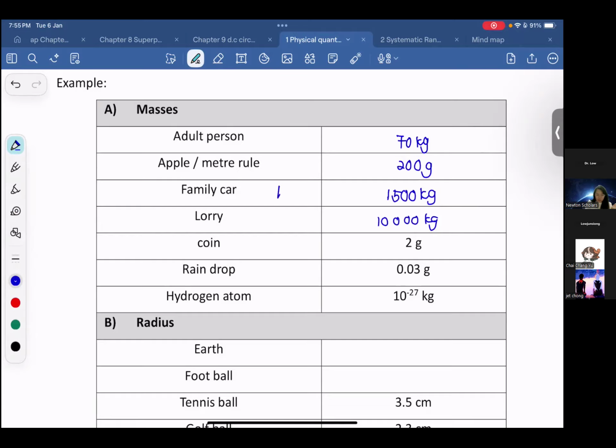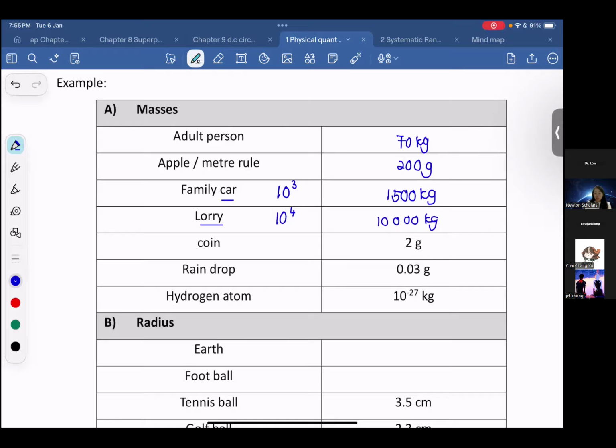Then the car is 10 power of 3. Then the lorry is roughly 10 power of 4. These two, car and lorry, come out a few times in the exam. They ask you to estimate maybe the speed of the car or the momentum of the lorry. So you need to roughly know the mass, then you can do some estimation.